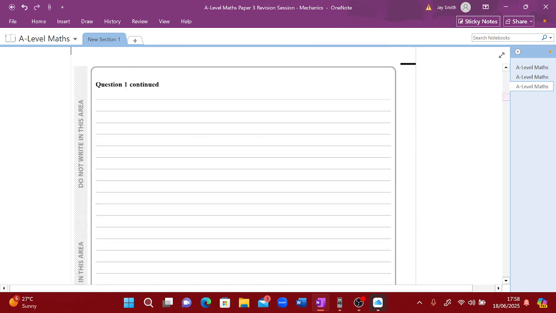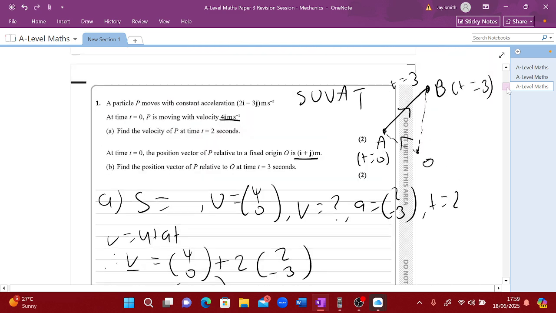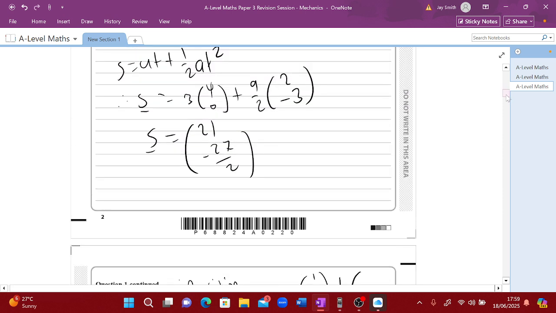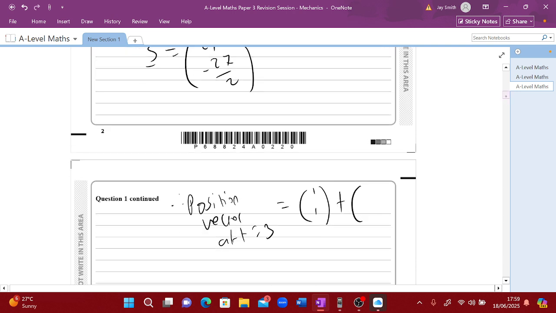So, therefore, O to B, or I'd say the position vector, because it didn't tell us the point, so the position vector at t is 3. That's going to be the original position, which is i and j, so it's going to be (1, 1), add, if we go O to A and then from A to B, so A to B is this displacement vector of 21 and minus 27 over 2.